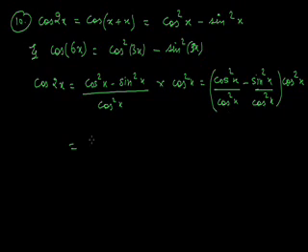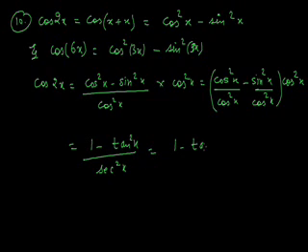It will become 1 minus tan square x, and in the denominator you can write cos square x as 1 upon secant square x, but we know that secant square x can be written as 1 plus tan square x. So cos 2x can be written as 1 minus tan square x upon 1 plus tan square x. Here also the angle gets halved.